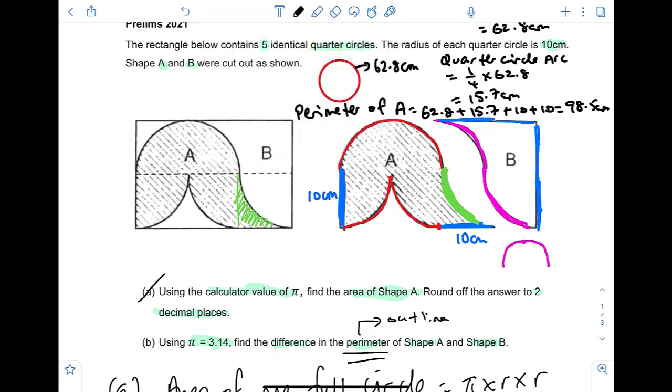The semicircular arc will be equal to half of a circumference.